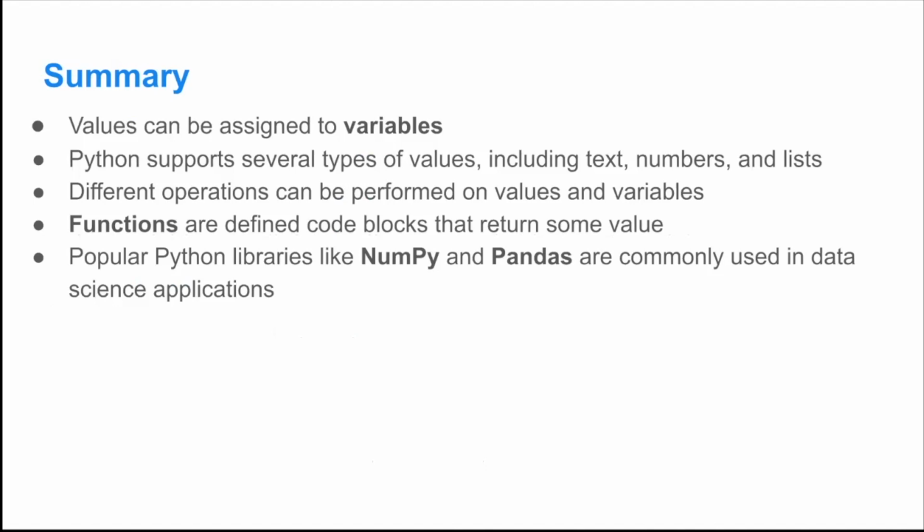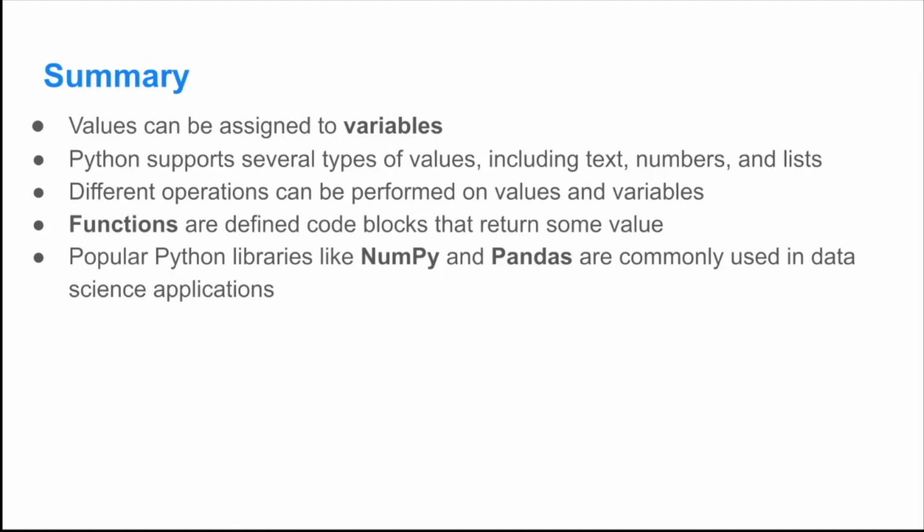Okay, so that was a lot of information, but in summary, all that information distilled down to these few points. In Python, values can be assigned to variables. Python supports several different types of values. We went over a few of them, including text, numerical values, and also lists. You can perform different operations on values and variables using operators, and we also saw sequence indexing and slicing.